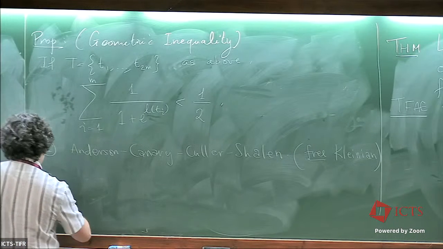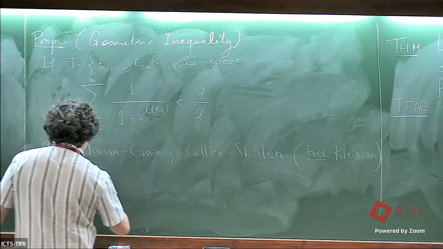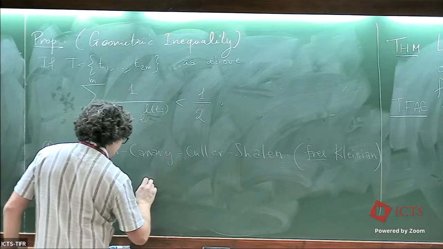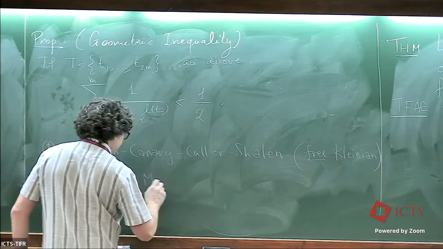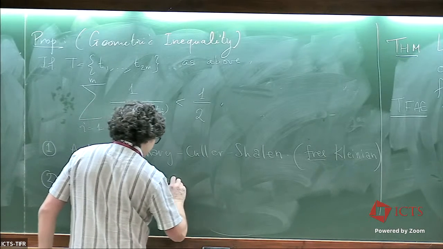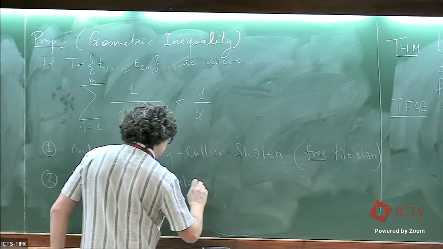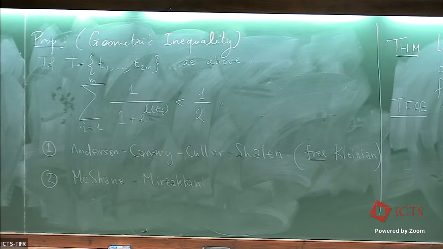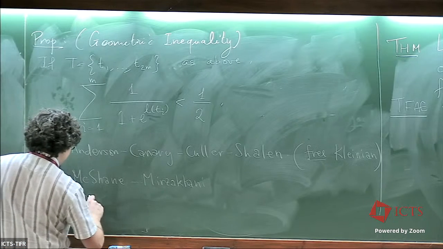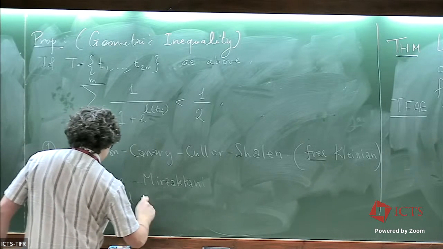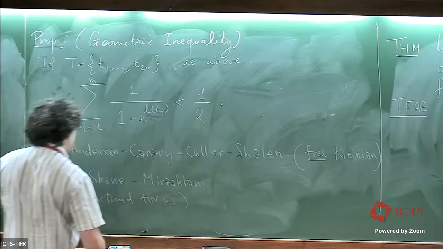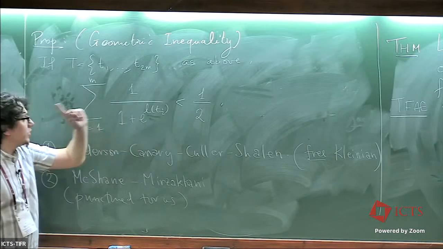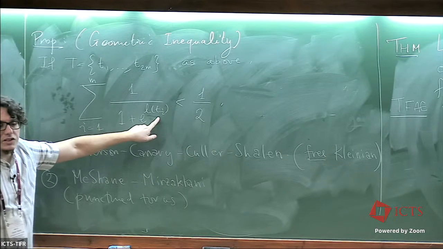The second one, as everybody said, is the McShane identity, which was, of course, generalized by Mirzakhani in a much greater generality. But let's stick, for instance, to the McShane one. What McShane did is for a punctured torus, he gets equality when you sum over all simple closed curves.